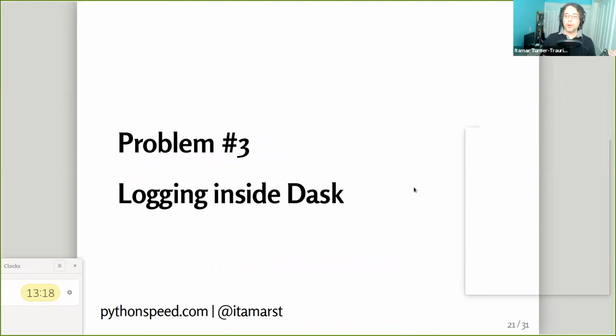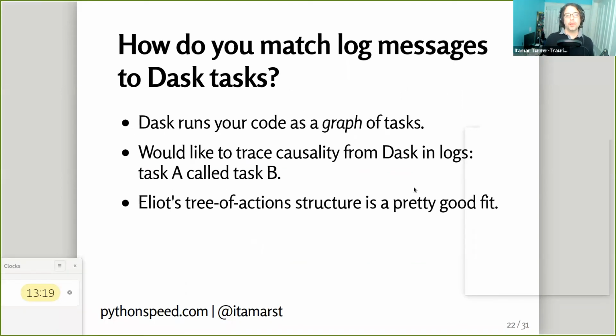So far we've talked about using logging to find bugs in your code and using logging to fix performance problems. And the final problem is we want to use logging inside Dask, which is why we're all here today. So how do you match log messages to Dask tasks?